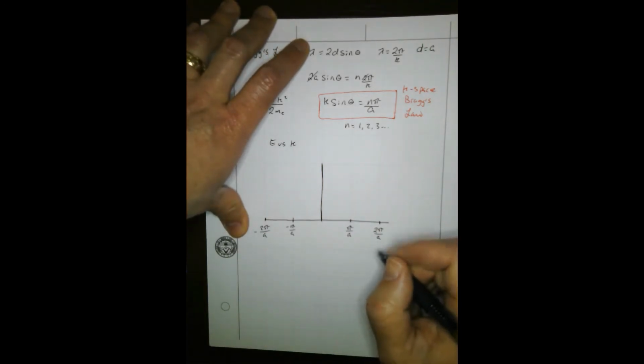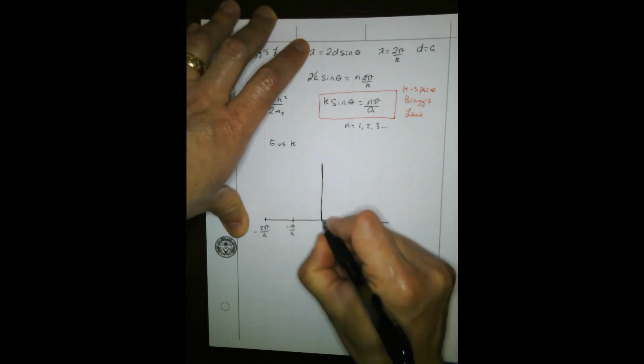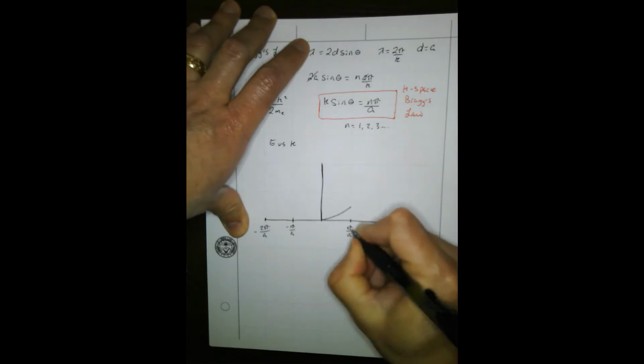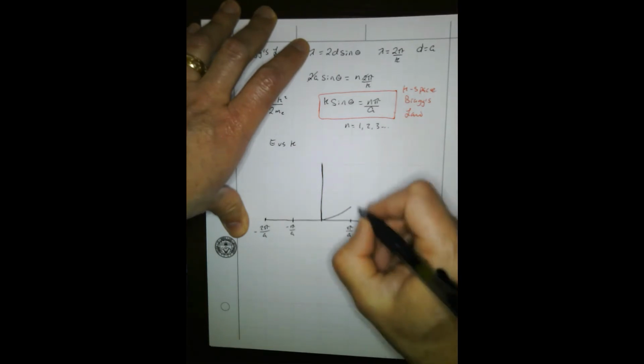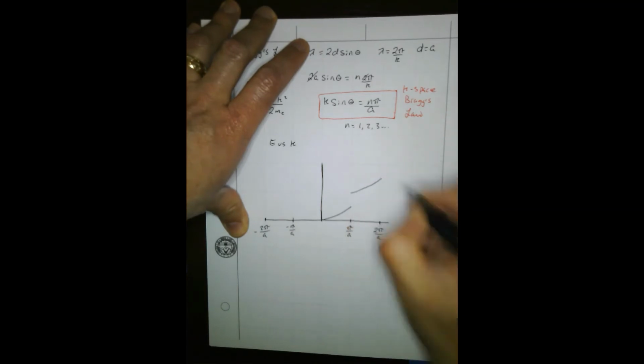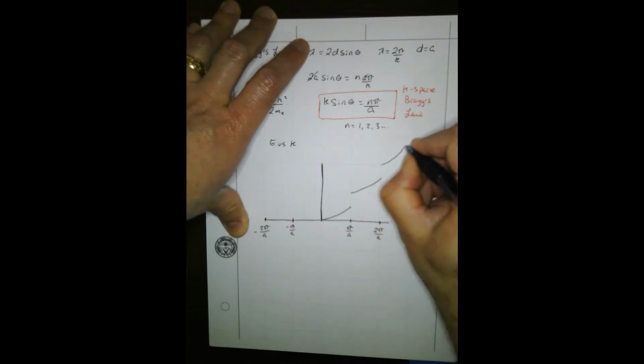We have continuity here, but right at pi over a we have a discontinuity, and another discontinuity at 2 pi over a.